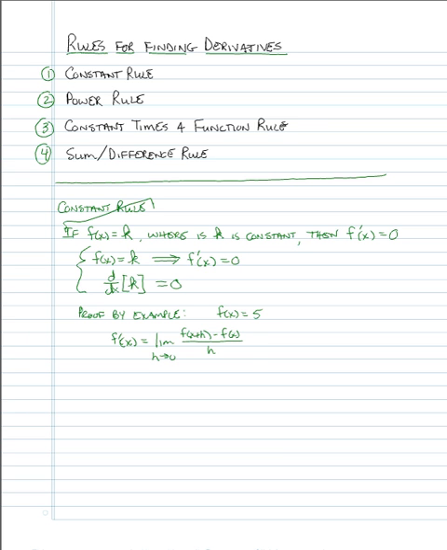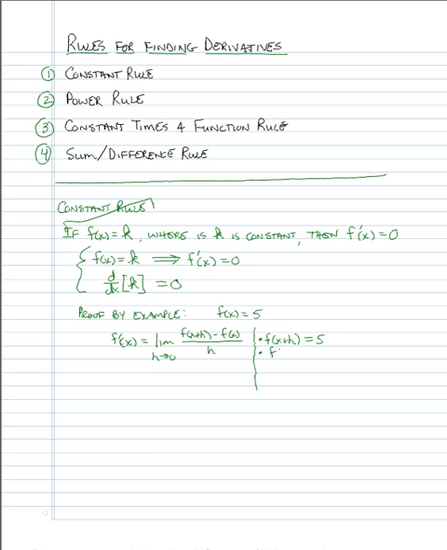So when we go over here to start thinking about finding this limit, what we would have is that f of x plus h we would need to calculate. Well, the function f of x is 5 regardless of what we're finding the function value of. In other words, f of 3 is 5, f of 2 is 5, f of 7 is 5, f of x is 5, and for that matter, f of x plus h is 5. So that would have been the first step.